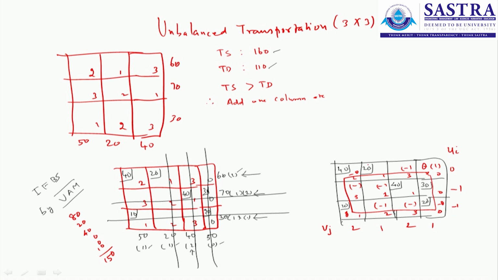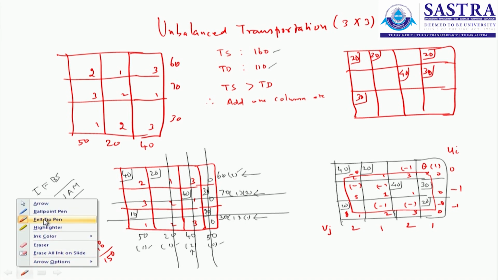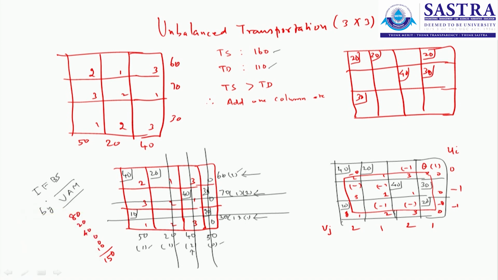Now, the minimum of the minus theta cells is 20. We have to shift this with the help of these 20. The other cell allocations, 20, 40, 30, 40, 30, remain the same. Now, the total cost is 130.